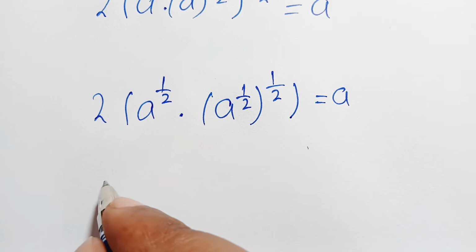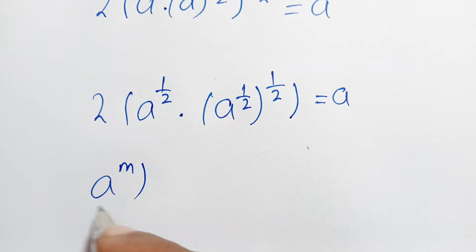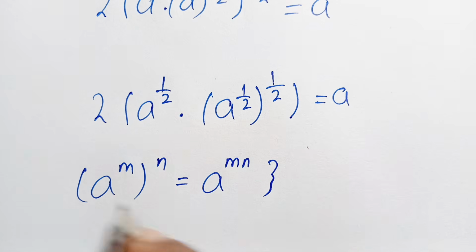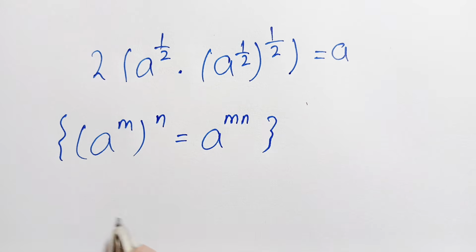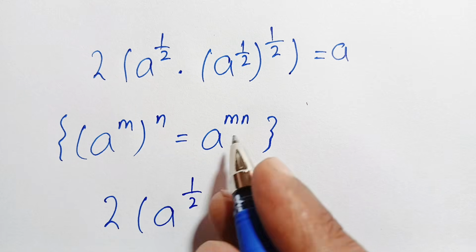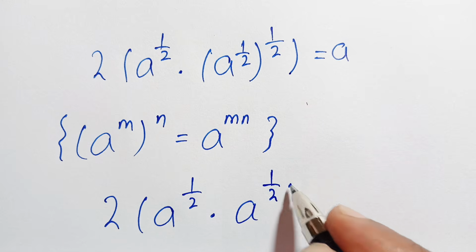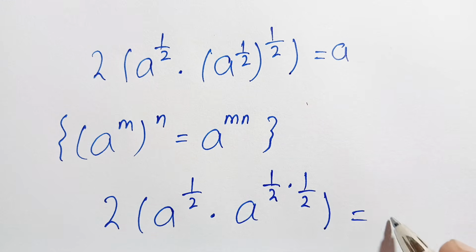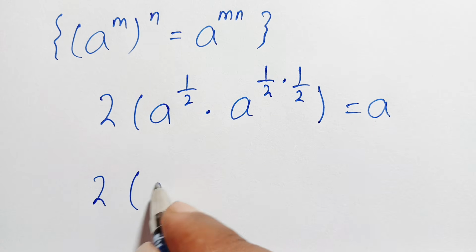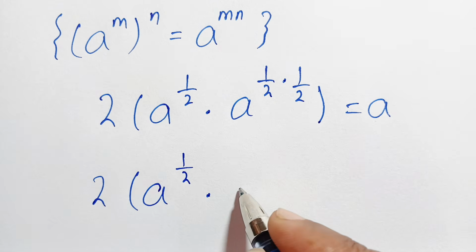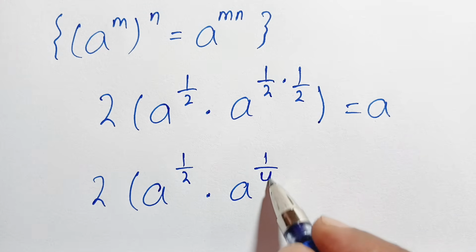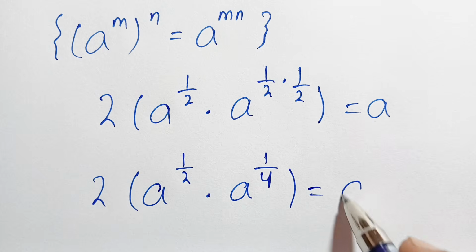Now as we know that (a power m) whole power n is equal to a power mn. So this becomes 2 times a power 1 by 2 into a power (1 by 2 into 1 by 2) equal to a. Now 2 times a power 1 by 2 times a power 1 by 4, since 1 times 1 is 1 and 2 times 2 becomes 4, equal to a.